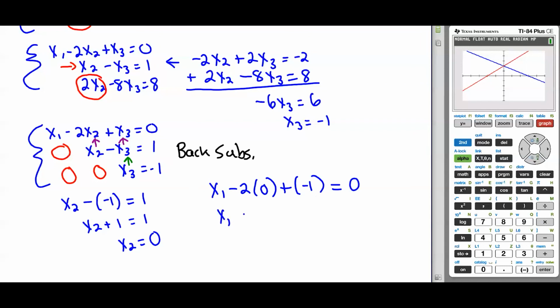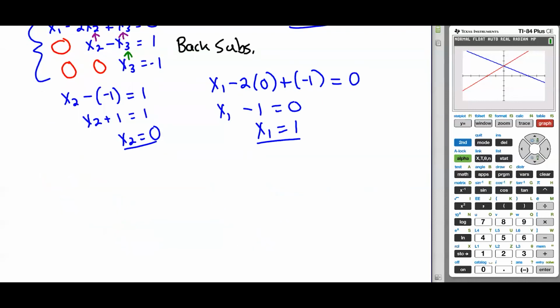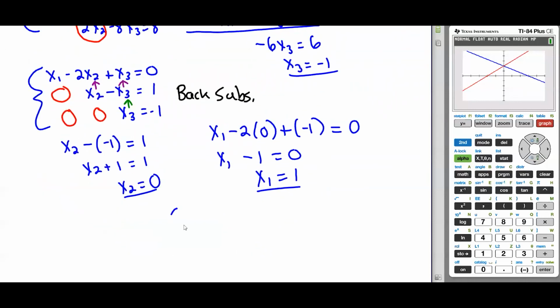This is 0, and then this is -1 equals 0, so I get x1 equals 1. And here I found all three variables, so I'm going to write them in an ordered triple: x1, x2, x3.